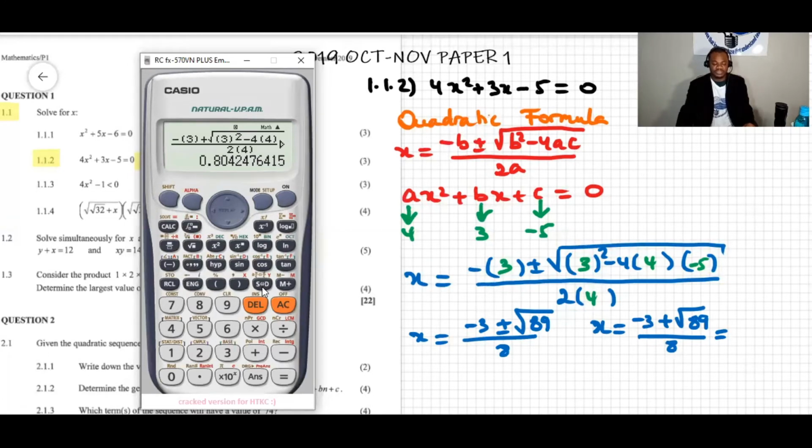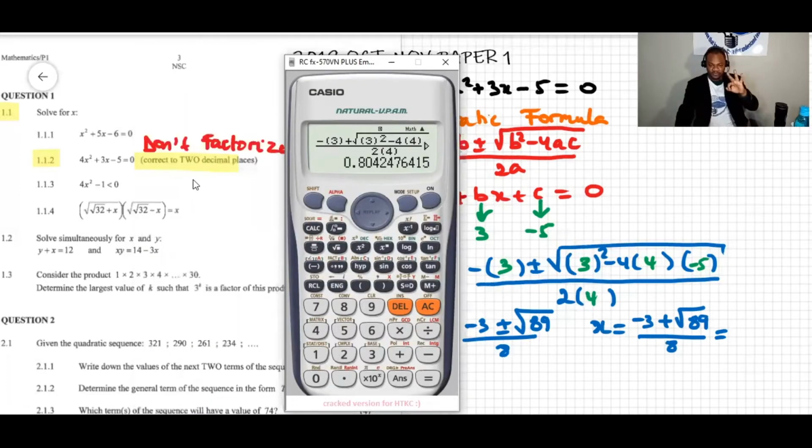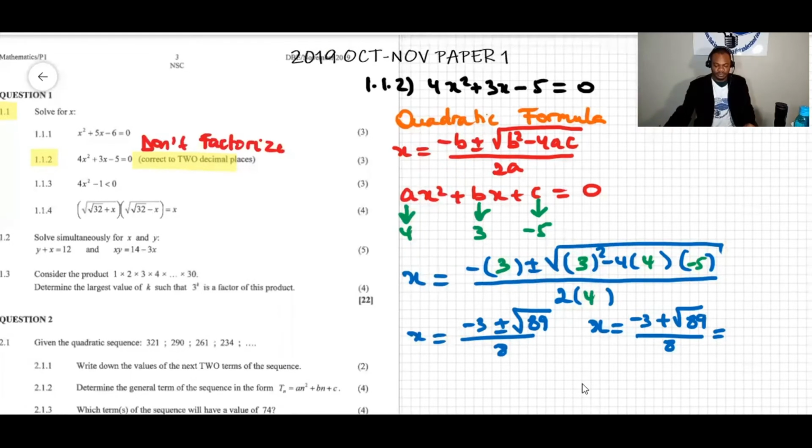Because the question says correct to two decimal places, we're going to look at the third decimal value, which is 4. Because 4 is lesser than 5, we will drop all these digits, and we will be left with 0.80. 0.80 is the same thing as 0.8 because the 0 after the digits doesn't really count. So this means that x equal to 0.8.